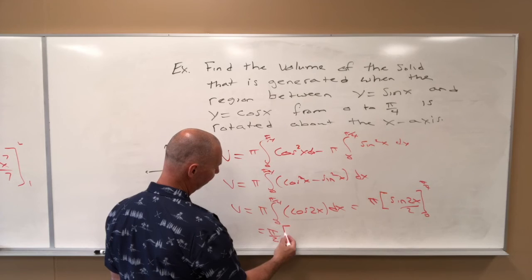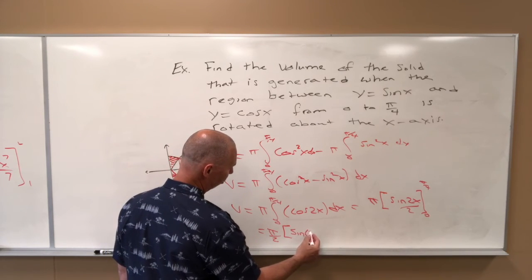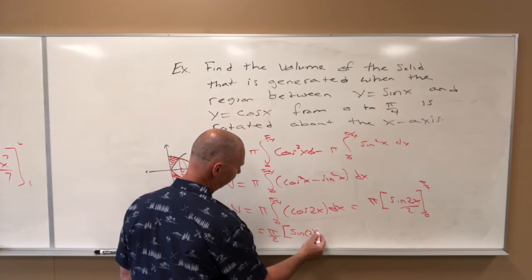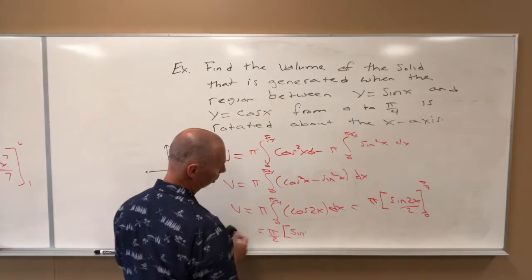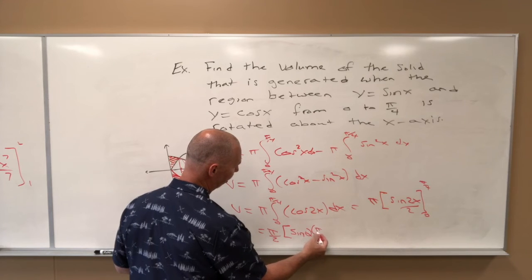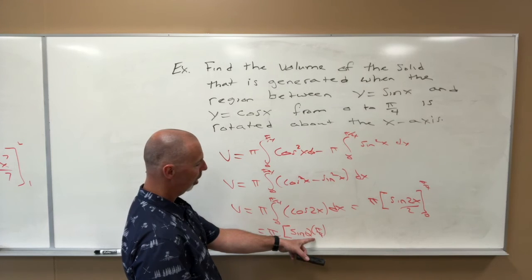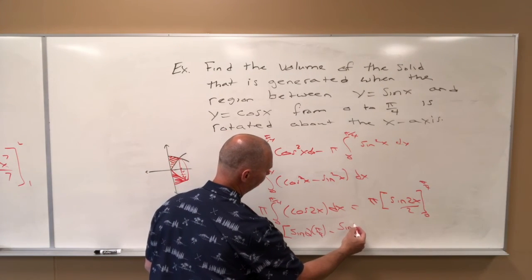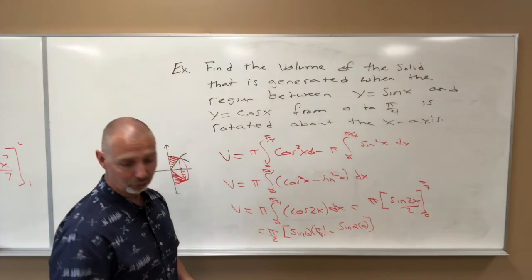And what this is going to give us then is the sine of 2 times pi over 4. I'm going to write this differently so it's easier to see. Sine of 2 times pi over 4, which when you simplify becomes the sine of pi over 2, minus the sine of 2 times 0, which again becomes the sine of 0.